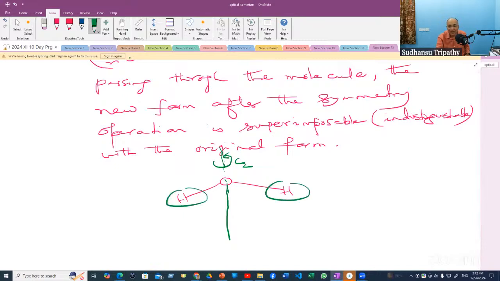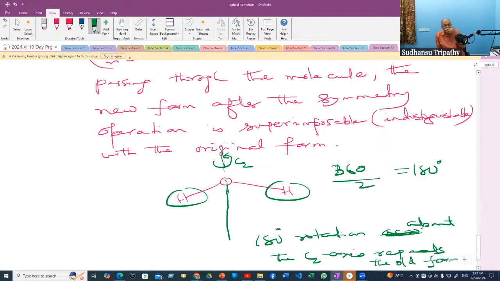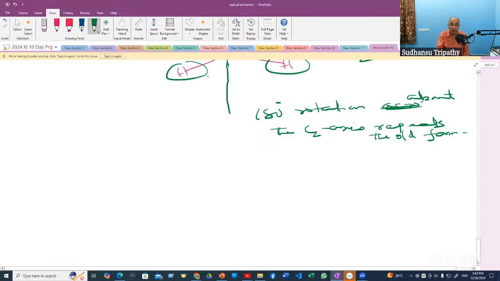So 180 degree. 360 by 2 is 180 degree. 180 degree rotation about the axis. That name is called C2 axis. Repeats the old form. 90 degree or 60 degree will not do, you have to rotate 180 degree. So a molecule has a C2 axis.